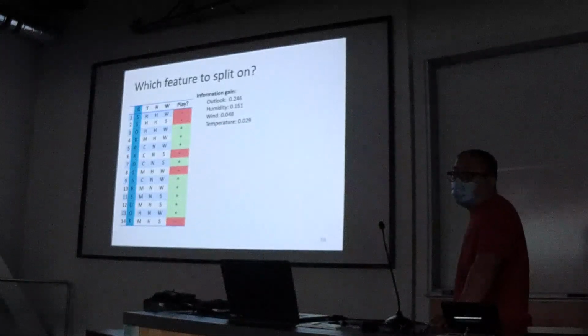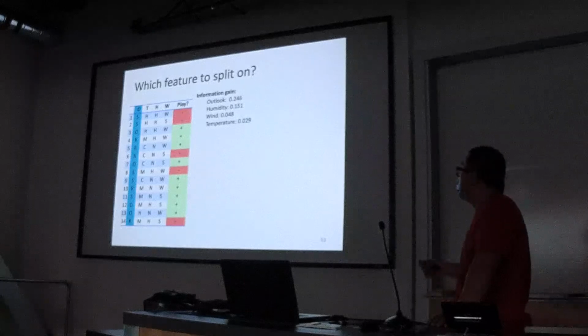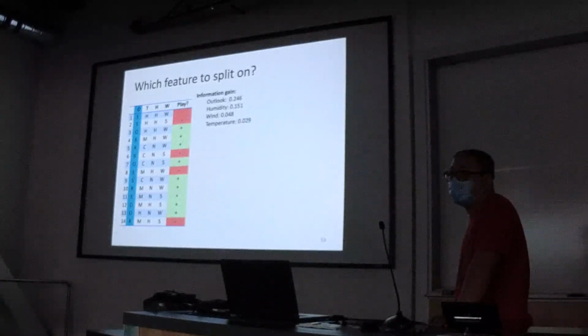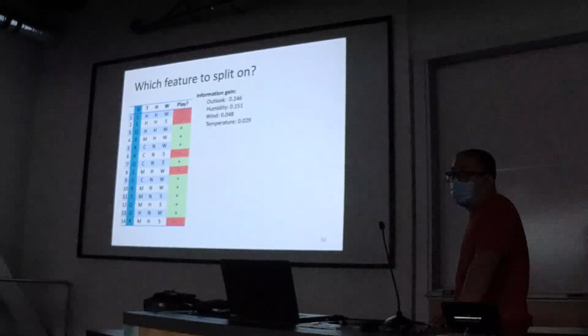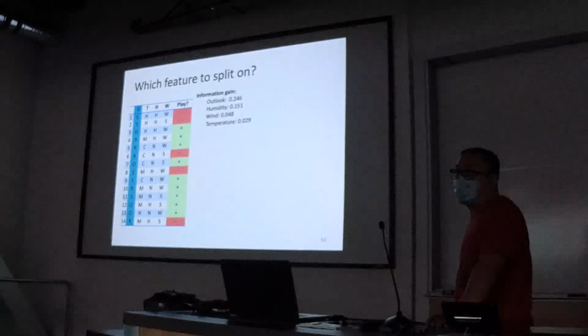Now we know the information gain of every candidate feature. So which one should we use to split? Outlook, because outlook has the largest information gain, meaning that if you use outlook to split the data set, the purity of the labels of the subsets will be maximally increased.